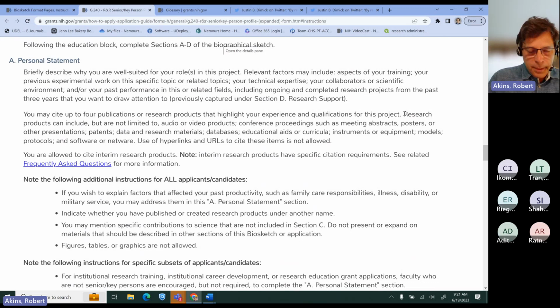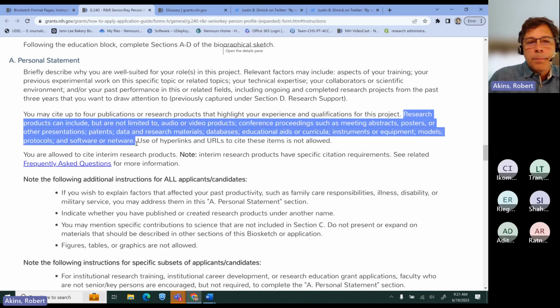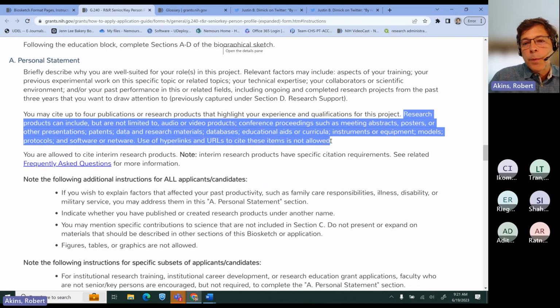What they say, and if I highlight this, I'll put that into, right? So the research products can be any of a number of different things. It doesn't have to be a publication, although those are kind of the gold standard that reviewers are most used to.